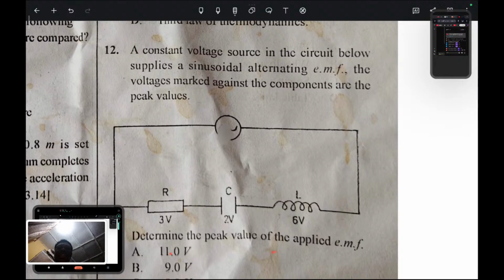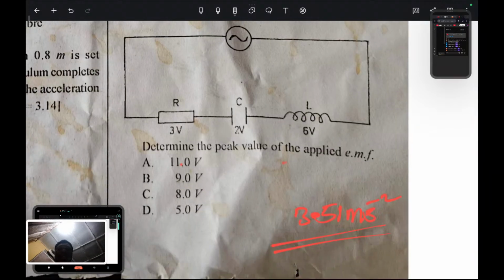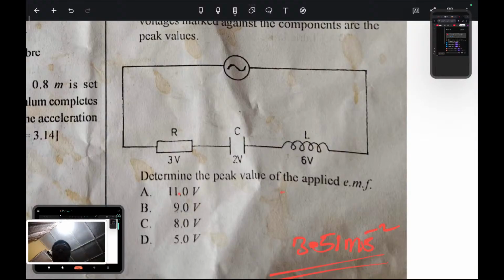The voltages marked against the components are peak values. That's what the question is saying, that the voltage marked against the components. What are the components? I believe you have heard of RLC circuit.